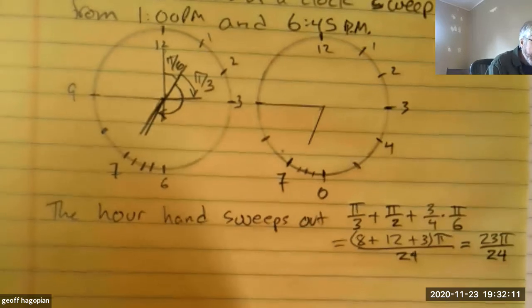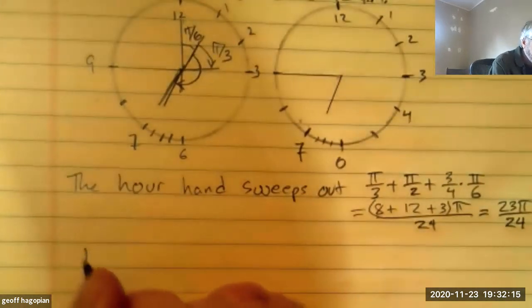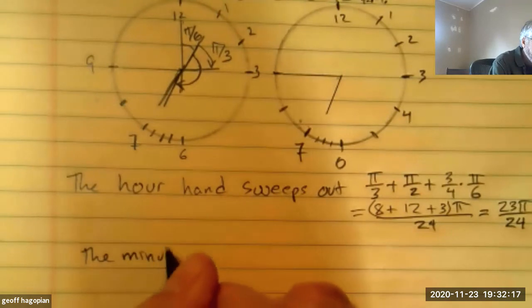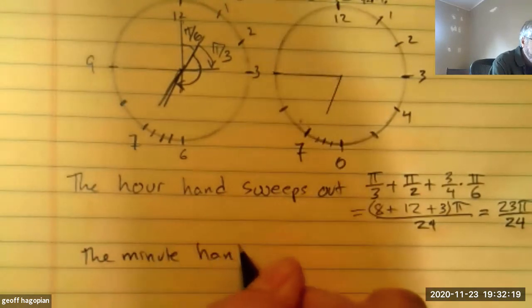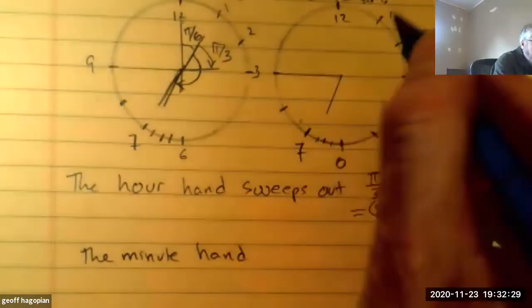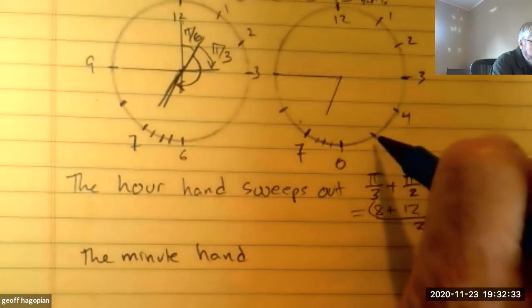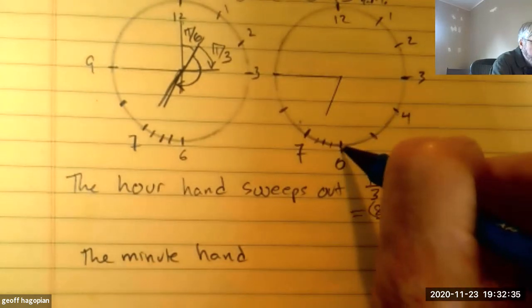How about the minute hand? The minute hand sweeps out many multiples of 2 pi, right? From 1 to 2 and 2 to 3 and 3 to 4, 4 to 5, 5 to 6. Each one of those is going to be a 2 pi.